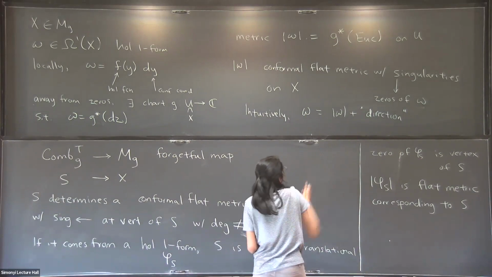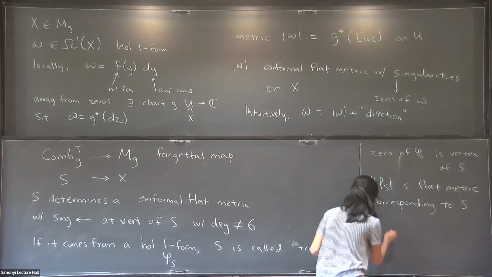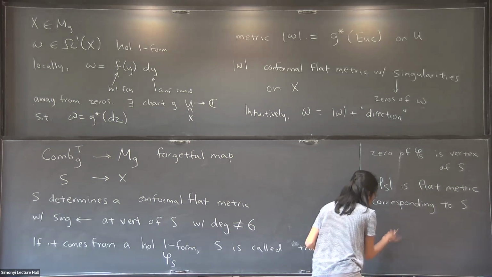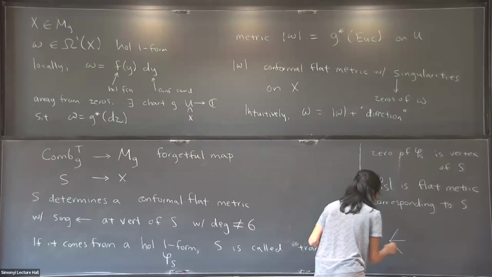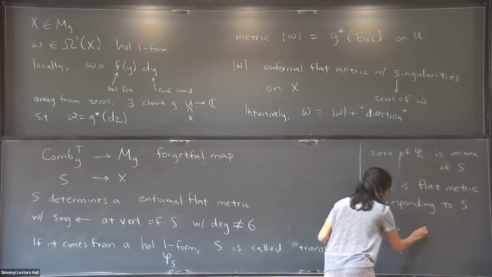So I know where to start the edges. So I start from my vertex and then I am trying to build, but I know exactly where the edges have to be. And then I go travel for distance 1, and then I know where the next vertex is, and I can continue this process.